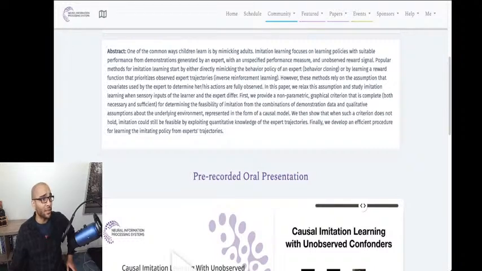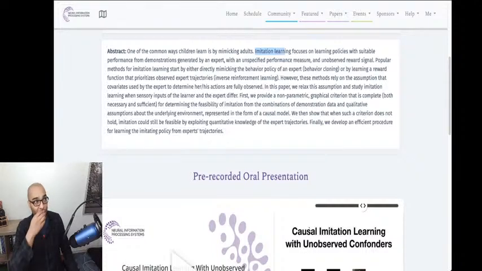So we have this thing now. Imitation learning is a way of learning policies, where a policy is a mechanism for suggesting actions that are going to optimize some kind of reward, and we're going to be learning policies based on demonstrations from experts.